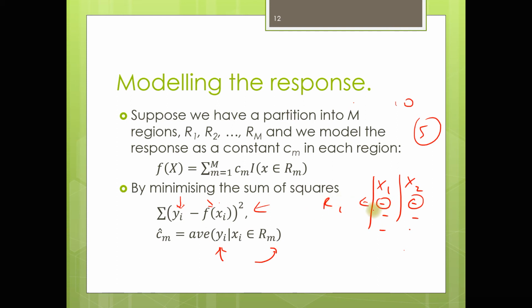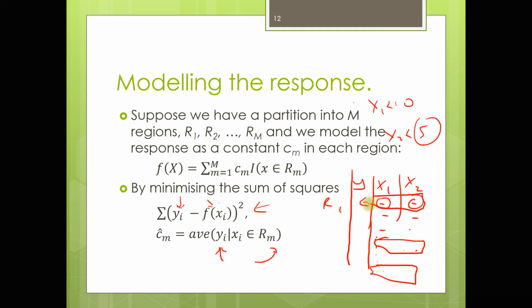Then what you need to do is to look for all values where x1 is less than 10 and x2 is less than 5 within the data set, and then you will see what are the values of y corresponding to these. Let's suppose there is another one with that combination, and another one here. There were only 3 combinations like that.